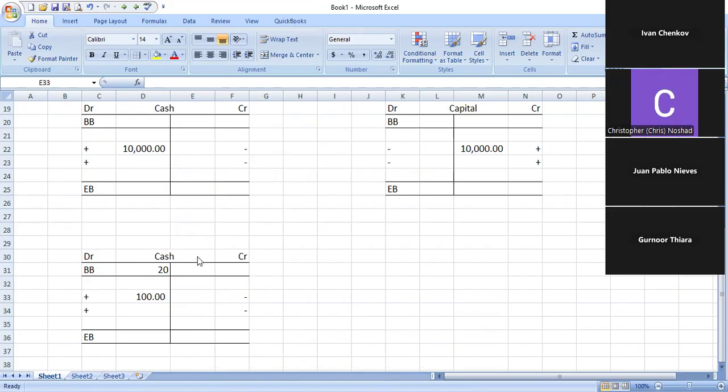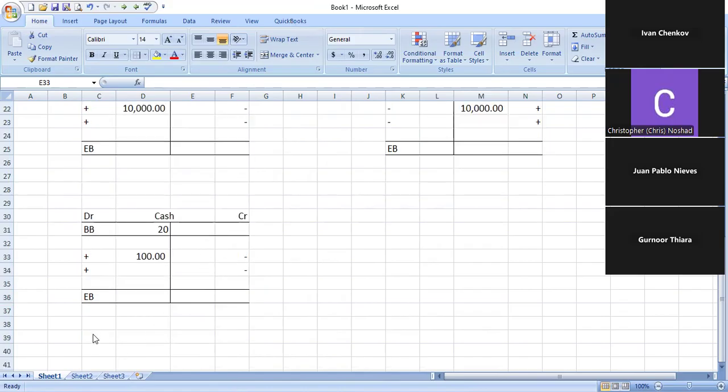So how did you get it? Well, the simple calculation is beginning balance plus the debit, or whatever you get, is always equal to credit, or whatever you give, plus the ending balance.